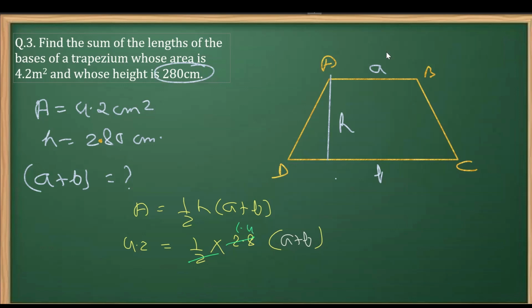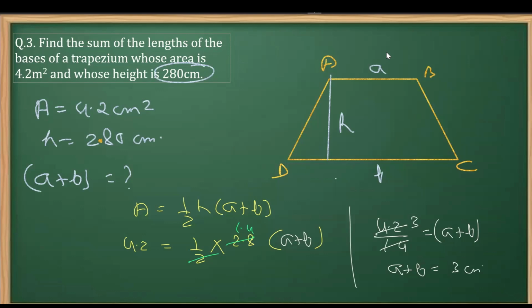Now, on transposing this 1.4 to the left-hand side, it will be 4.2 divided by 1.4, which is equal to a plus b together. Now, these are equal decimal places and it is divisible by 3. So we'll say that a plus b is equal to 3 centimeter.